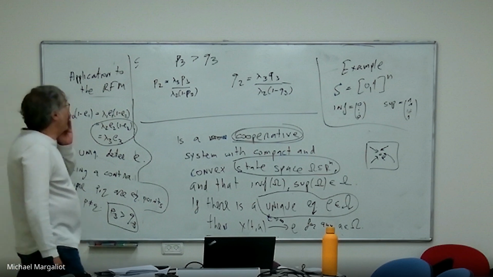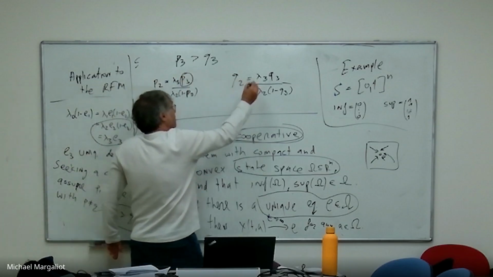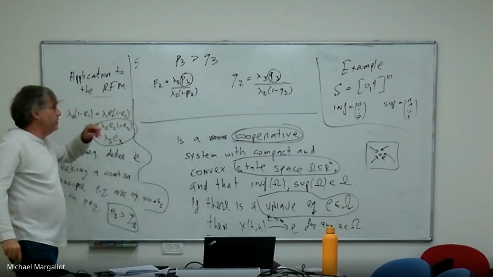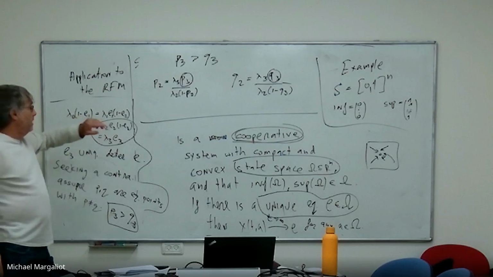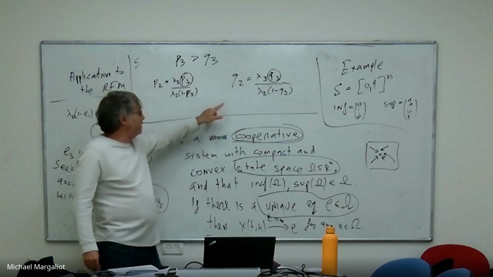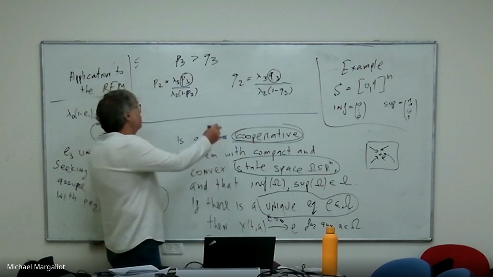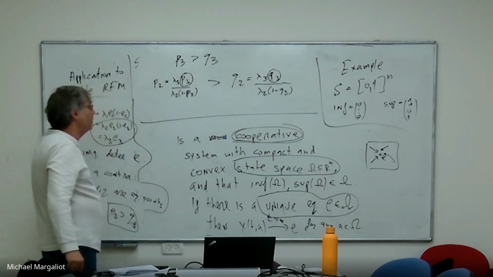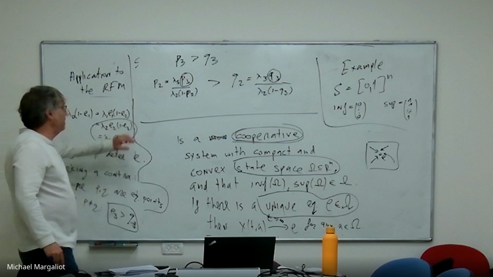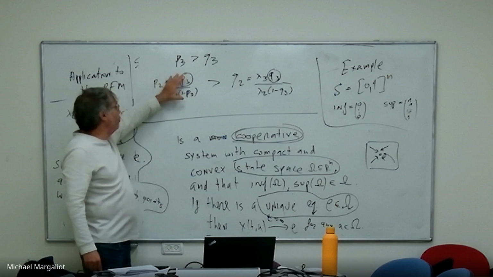Okay, so now, what does this mean? P3 is larger than Q3, so 1 minus P3 is smaller than 1 minus Q3. So the conclusion is like this. You will check and see that if P3 is larger than Q3, this function is monotone in P3.